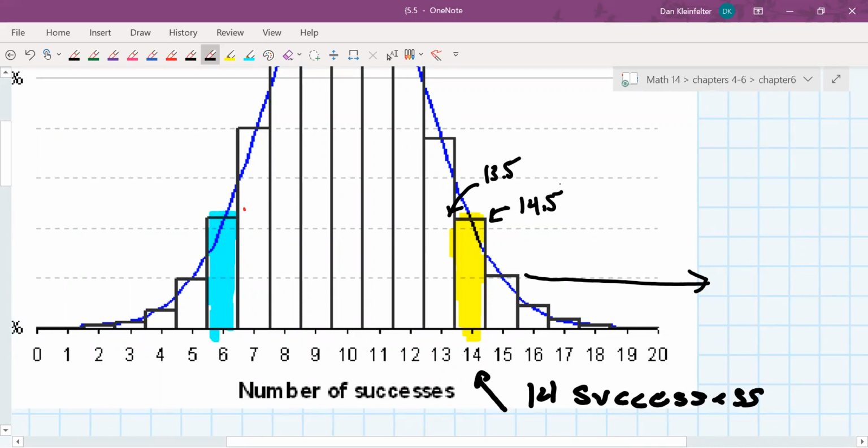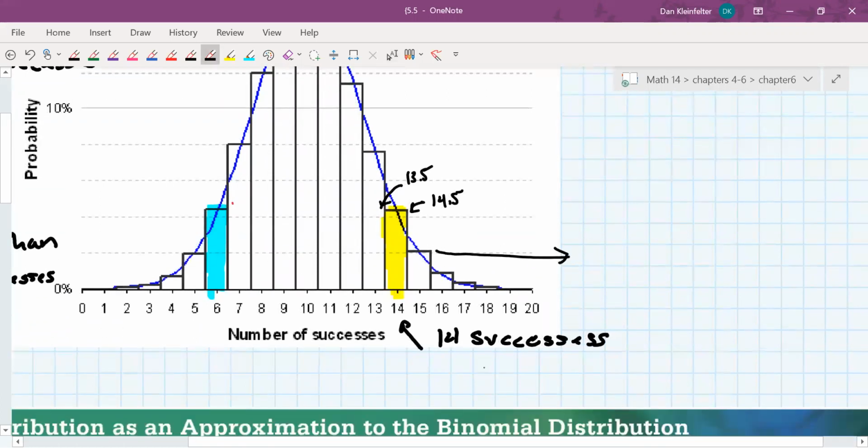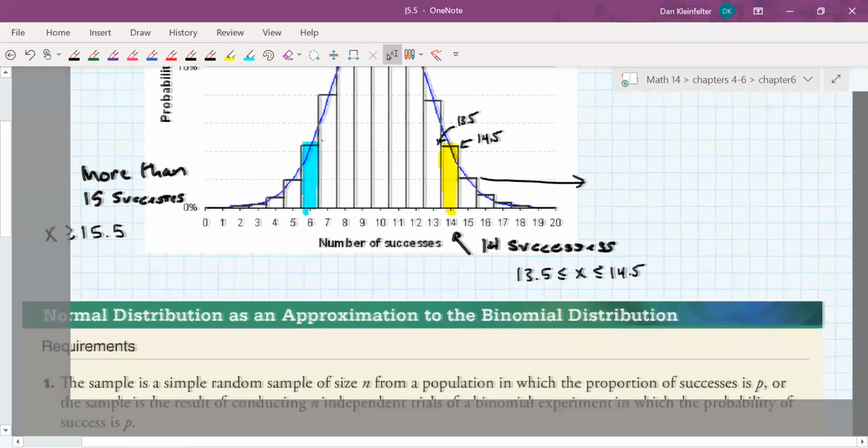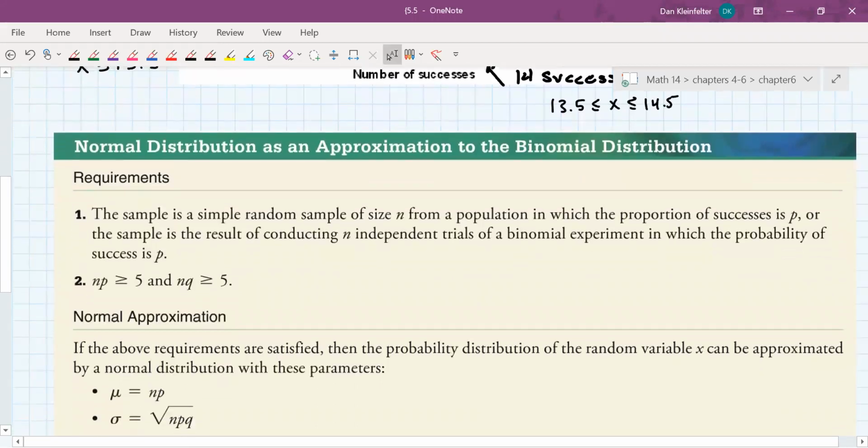So we'll need X to be greater than or equal to 13 and a half, and less than or equal to 14 and a half. So that will be the correction that we'll make for continuity. All right, easier to see once we try it.